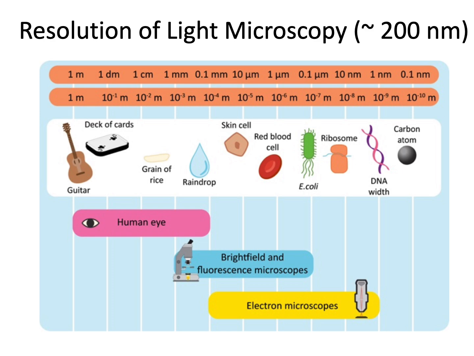But theoretically, it can go down to 0.2 micrometers or 200 nanometers. I don't know why the illustrator here has gone as far as 0.1, because that's about half the distance of what I think is usually accepted. But nevertheless, that's about the spectrum of what we can do with light microscopy.